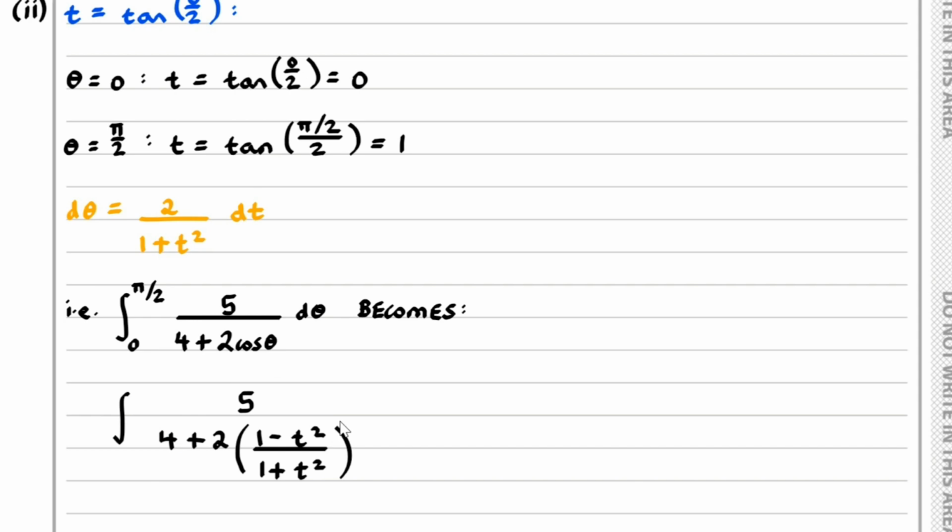So we will be integrating this, and then we transform the d theta to 2 over 1 plus t squared dt. And then we are integrating in between 0 and 1.